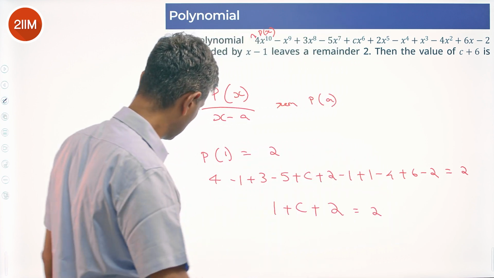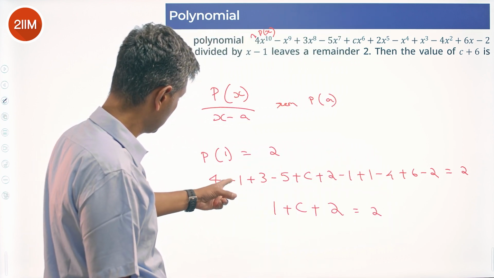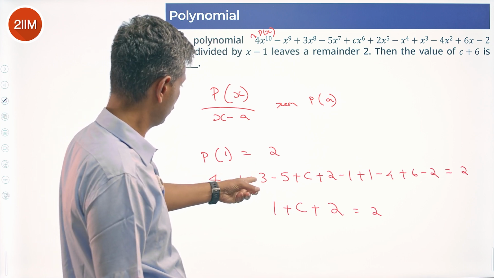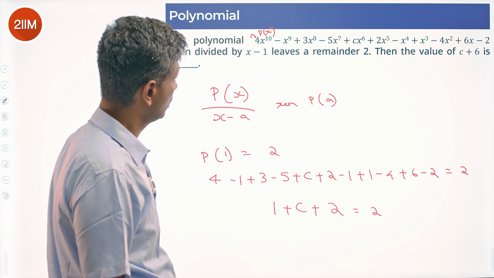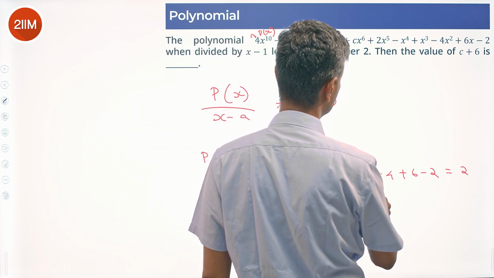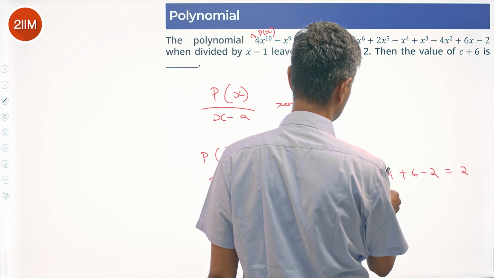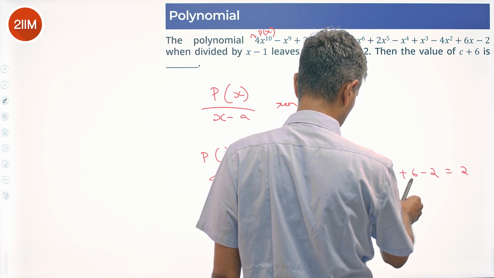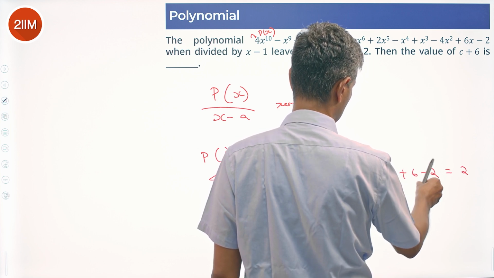I'm going to verify this. 4 minus 1, 3, 3 plus 3 is 6, 6 minus 5 is 1, yes. 2 minus 1 plus 1 is 2. Minus 4 minus 2 plus 6, 4, minus 2, 2.